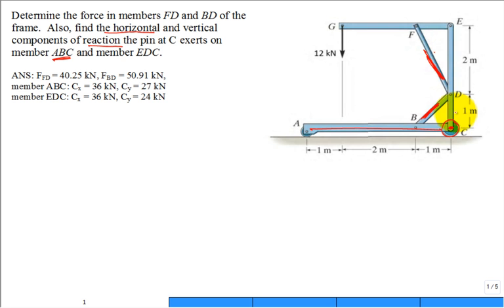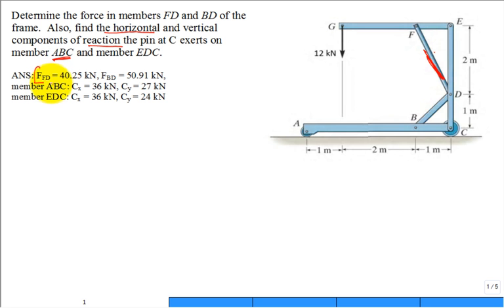But is the member ABC a 2-force member connected at pin C? No. Neither is EDC a 2-force member pin connected at C? No. So it's a little more complex. So these are the things we want to solve for.